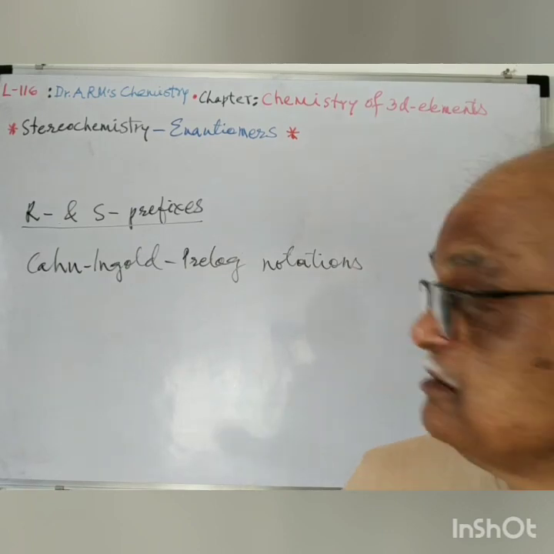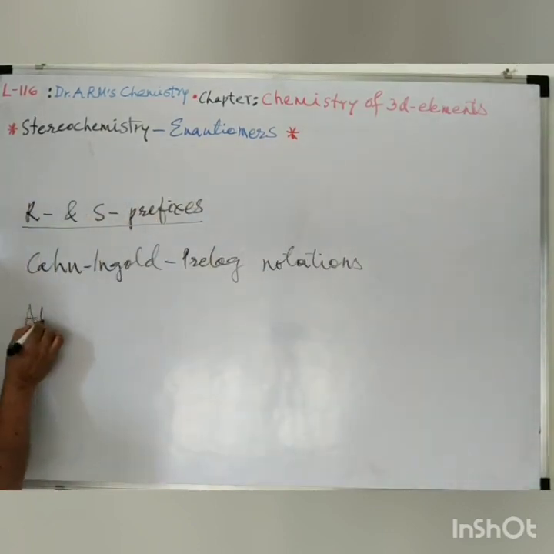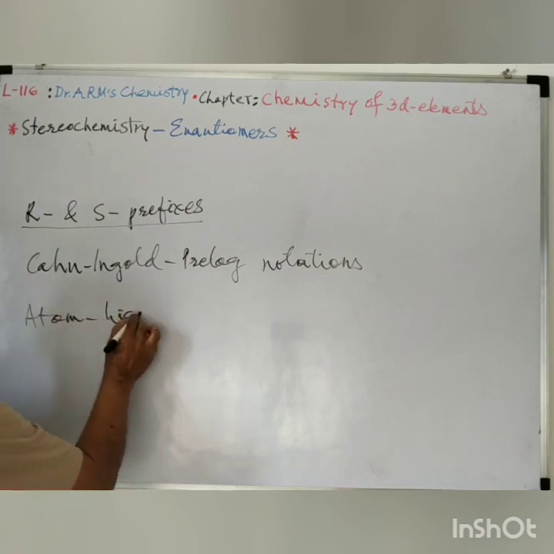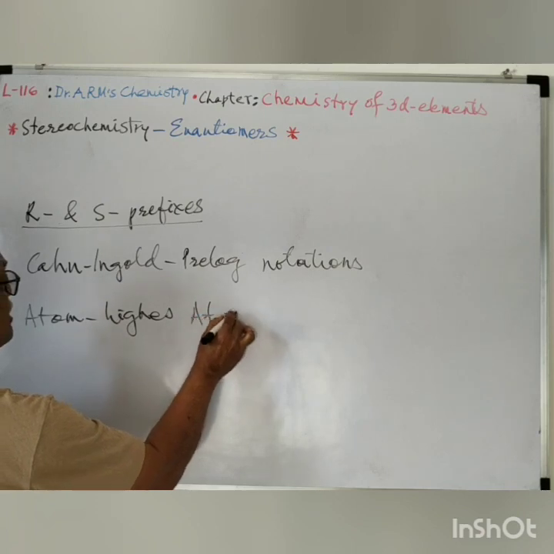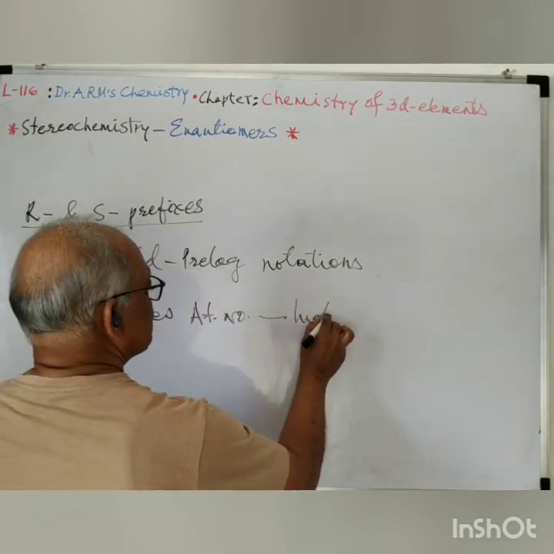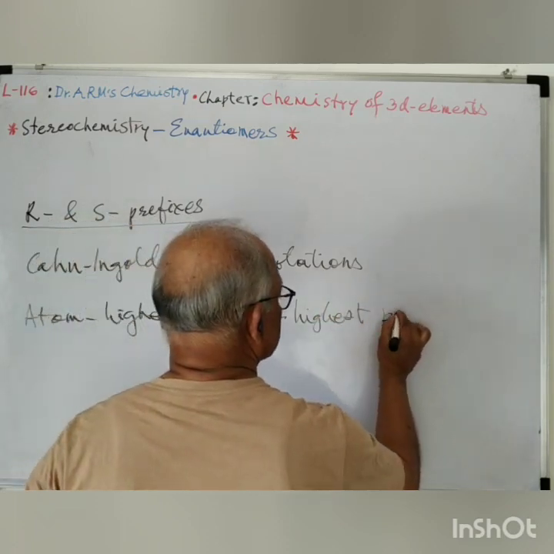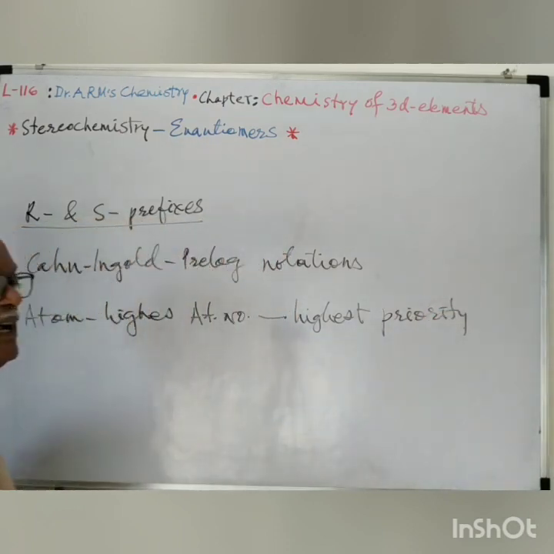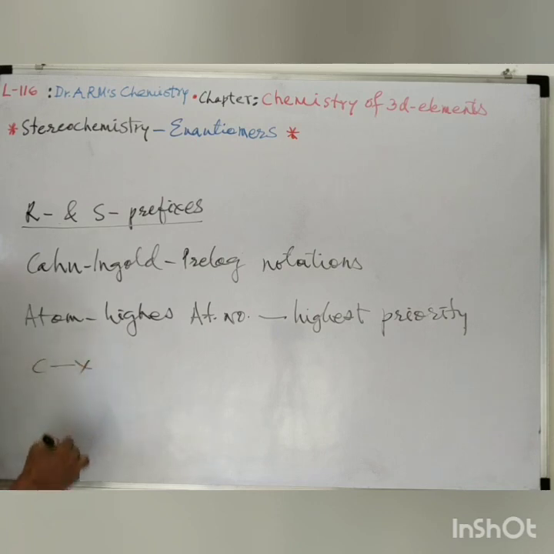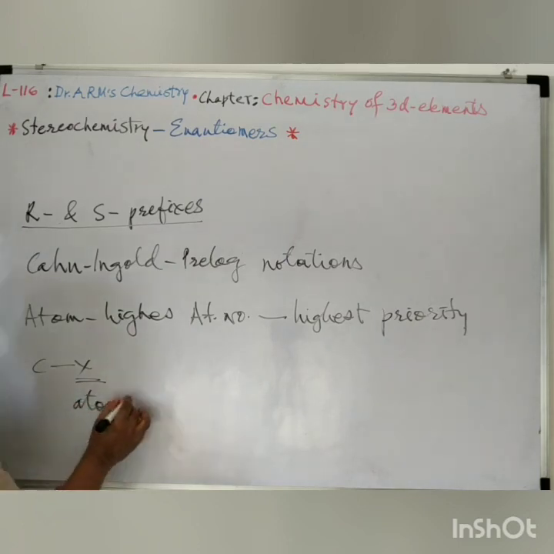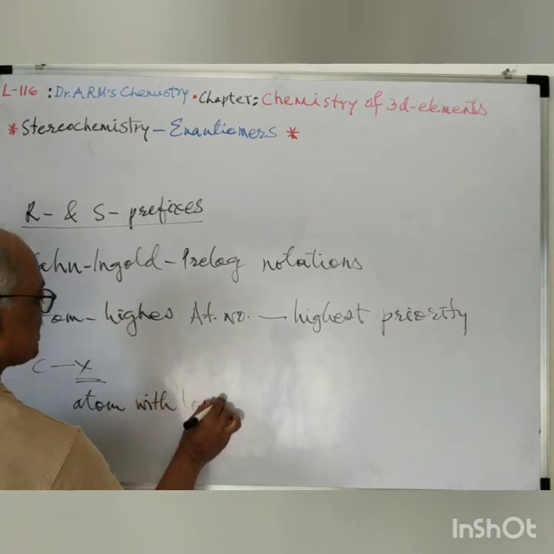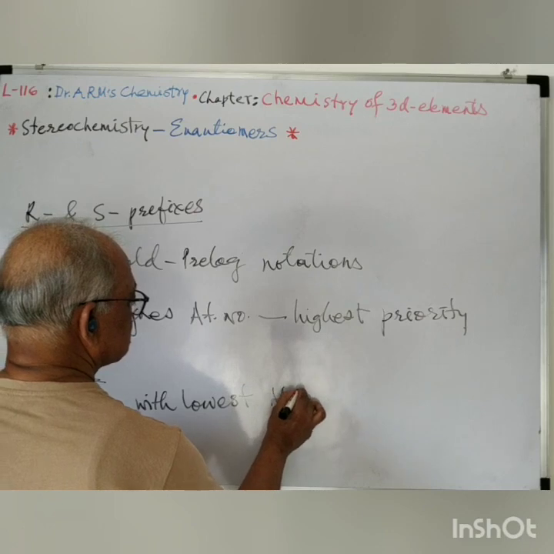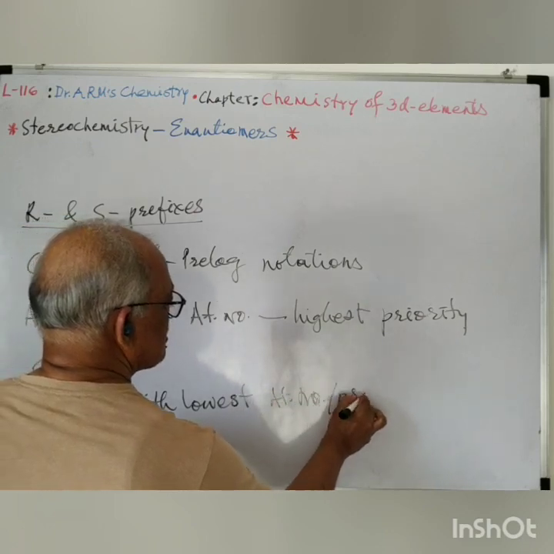The atom with the highest atomic number has the highest priority, and X is the atom with the lowest atomic number or priority.